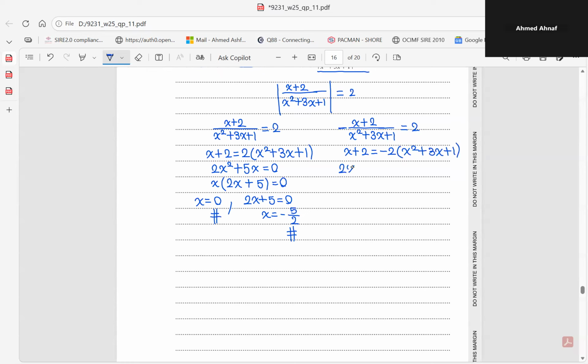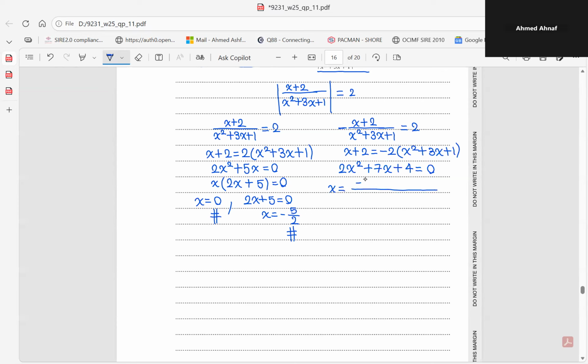Then you get 2x squared plus 6x plus x, that is plus 7x, plus 2 plus 2, which is plus 4, equals 0. You can try to factorize, but unfortunately it doesn't factorize, so we need to use the quadratic formula.